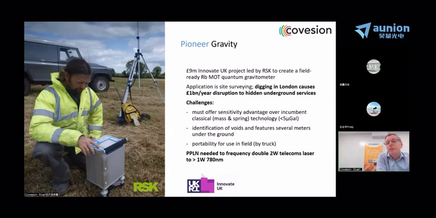So if it's tilted by more than 15 degrees, it goes out of calibration and has to be returned to the factory for recalibration. And the sensor also needs to be portable for use in the field, so transportable by truck. In this situation, because the application requires higher sensitivity, we were looking to generate about a watt of light at 780 nanometers to drive the optical trap.